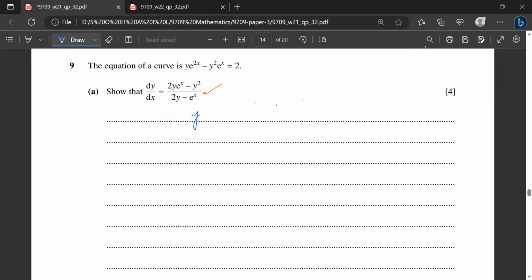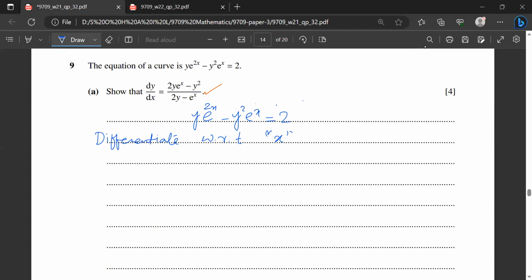Write the implicit equation: y e power 2x minus y square e power x is equal to 2. Next, differentiate with respect to x. So keep in mind that the derivative of y with respect to x is dy by dx.